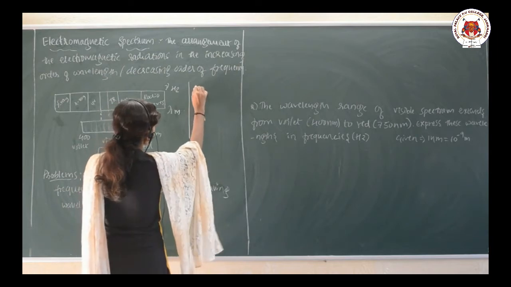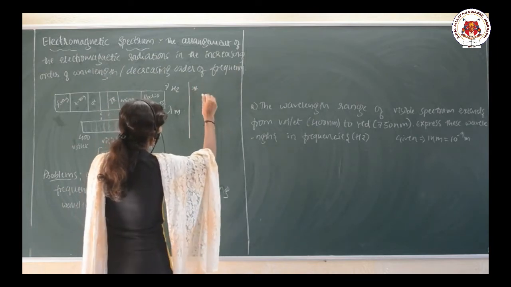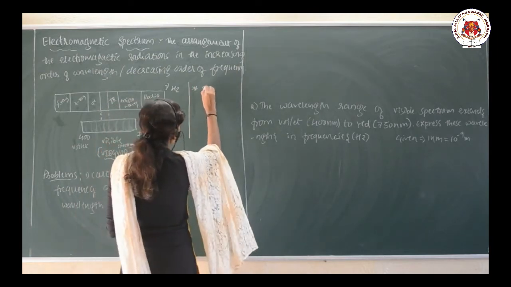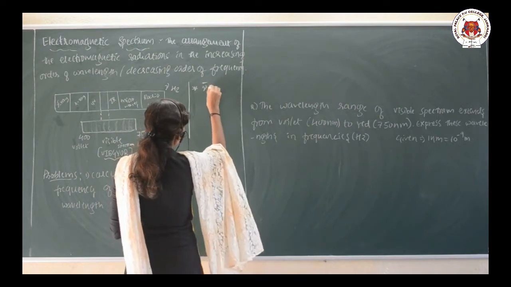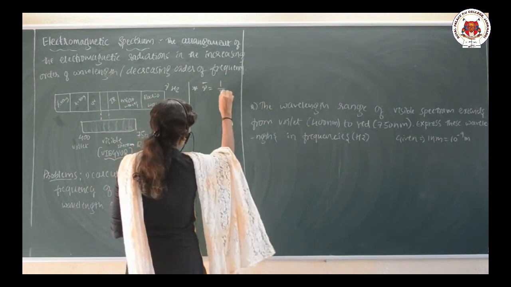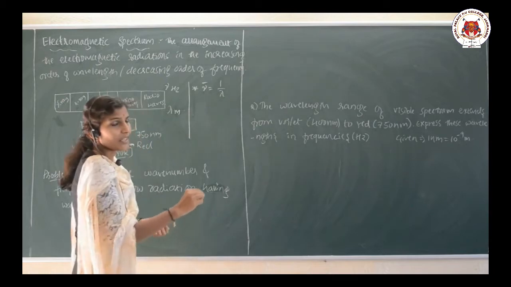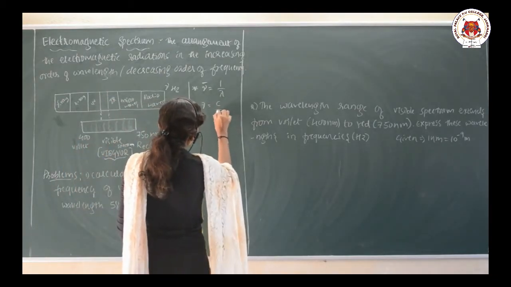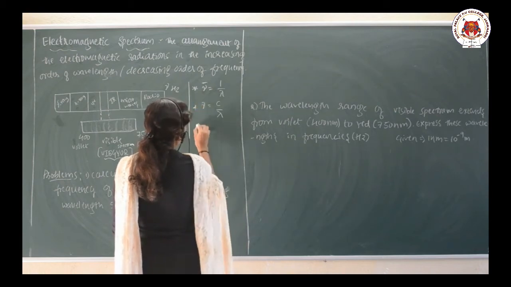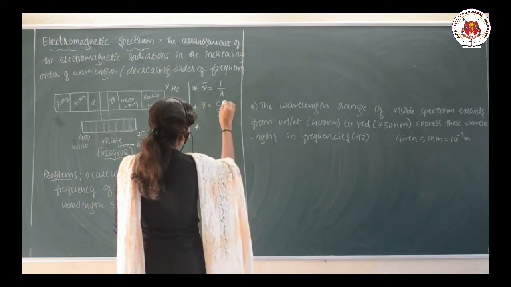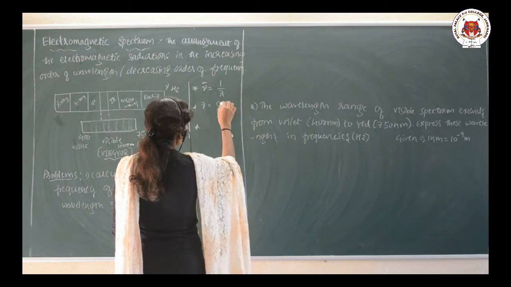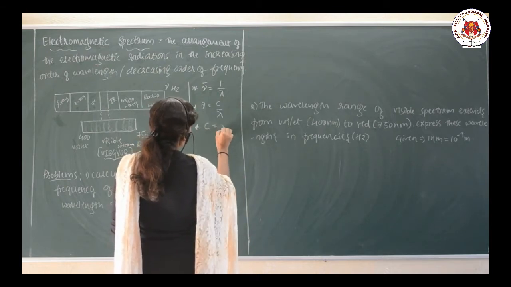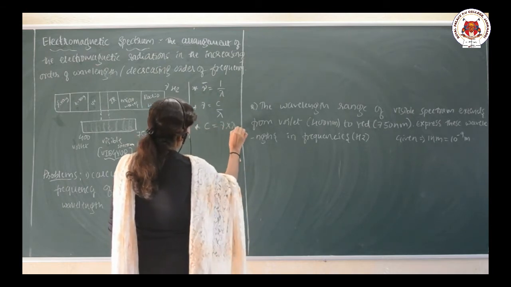First, the wavelength or wave number, nu bar, is equal to 1 by lambda. Then the frequency nu is equal to c by lambda, and the velocity is equal to nu into lambda.